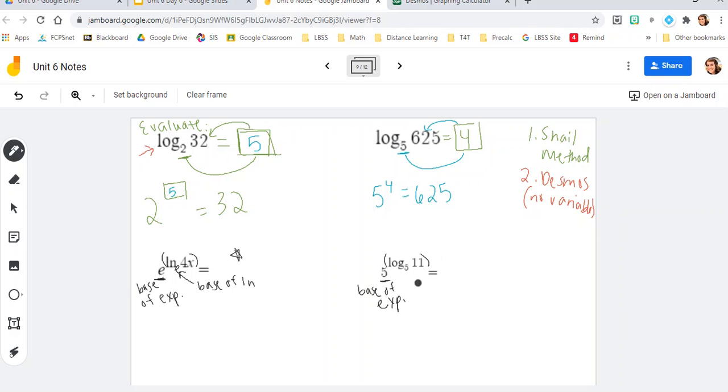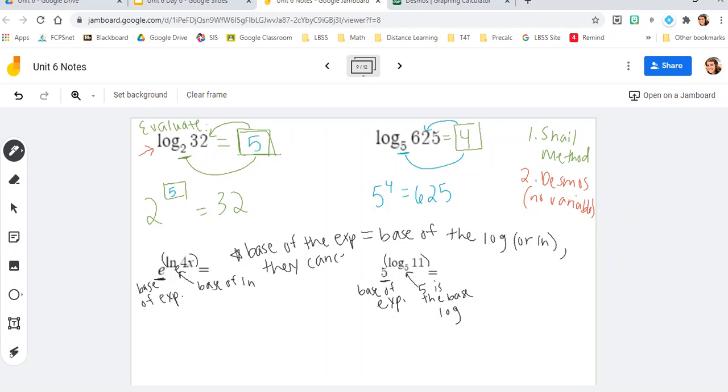But then if we look at the exponent itself, 5 is the base of the log. So anytime the base of the exponent equals the base of the log, or ln, they cancel.